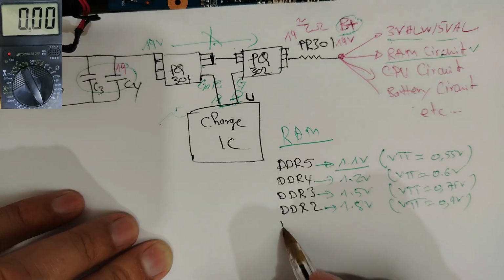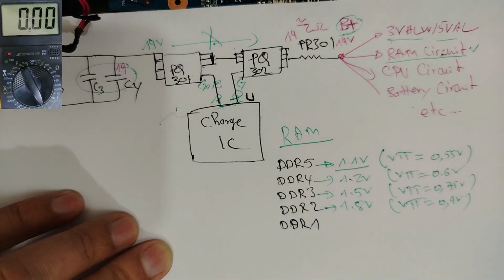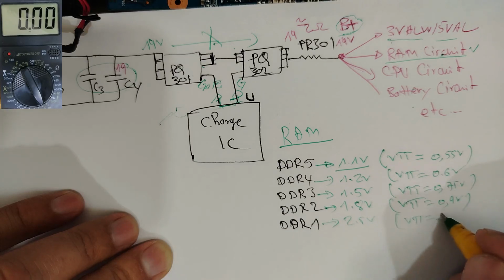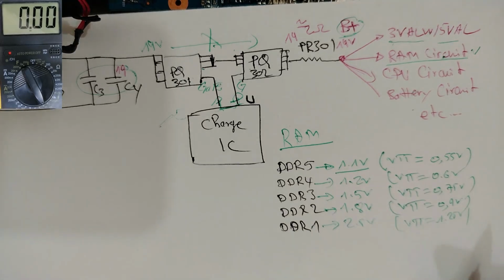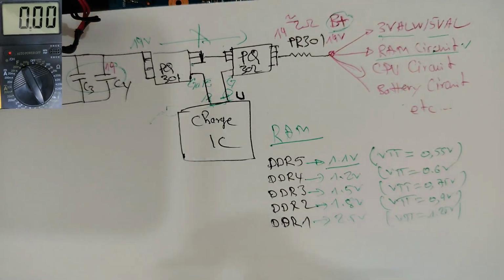Of course, for DDR1, just to know about it, old RAM, the voltage is 2.5 volt, and VTT is 1.25 volt, but this is old RAM. So I will show you some motherboard to understand.